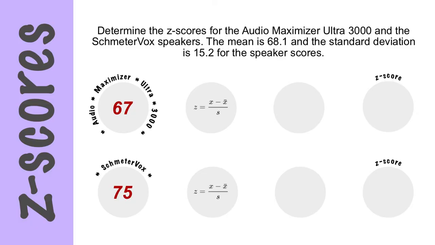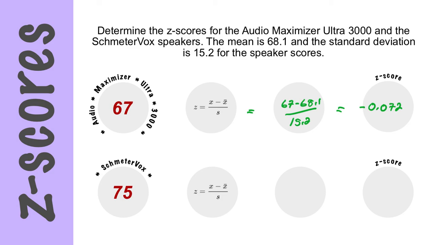So we're going to determine the Z-scores for the Audio Maximizer Ultra 3000 and the Schmedervox speakers. The average is 68.1 and the standard deviation is 15.2. So we're going to plug in our values. So 67 minus 68.1 divided by 15.2, and that will be negative 0.72.